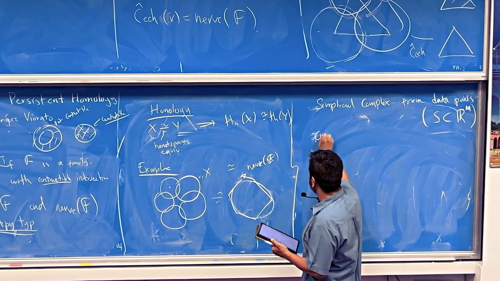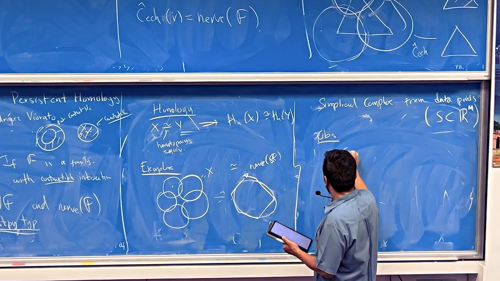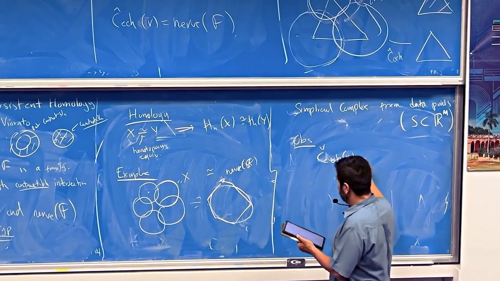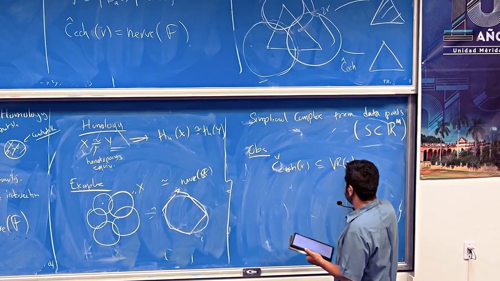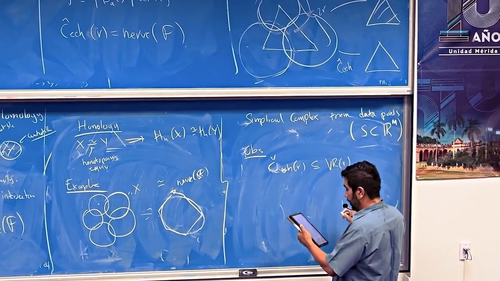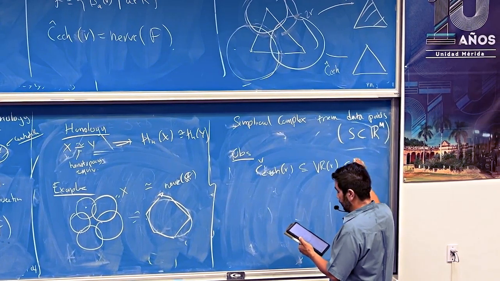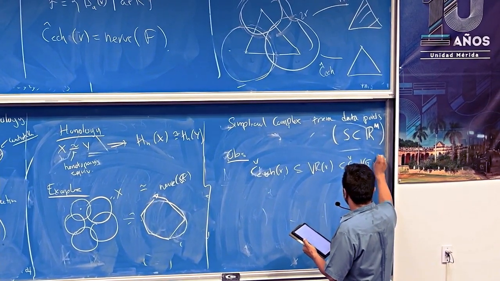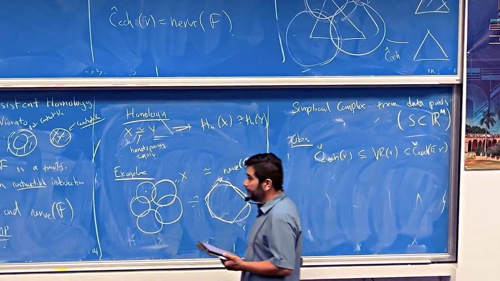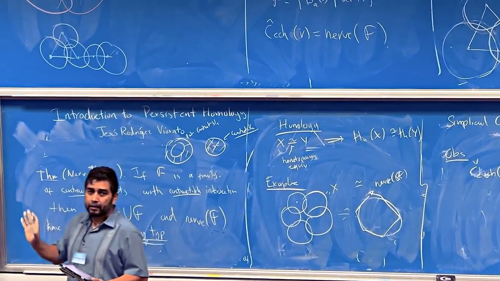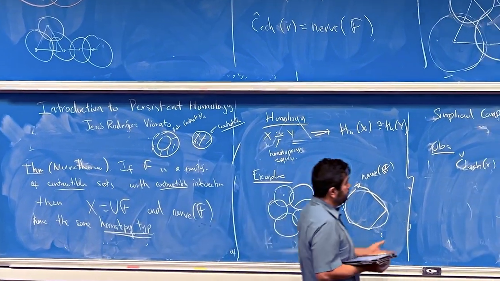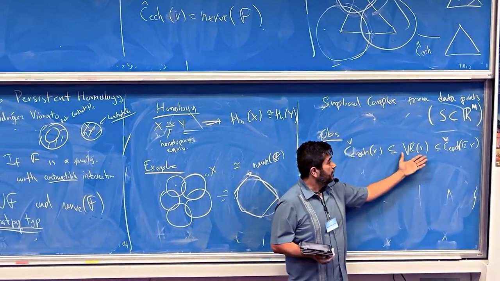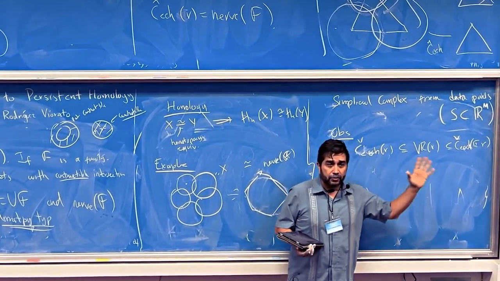This is an observation: the Čech complex of radius r is contained in the Vietoris-Rips complex of the same radius, and that is also contained in the Čech complex of radius square root of 2 times r. So the Vietoris-Rips complex is between two Čech complexes, the one with radius r and the one with radius square root of 2r.